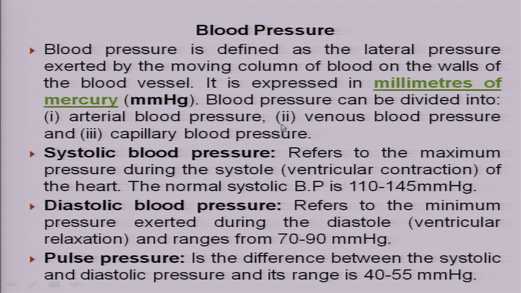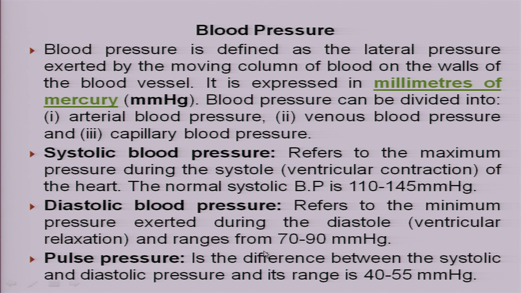When the heart relaxes, that is when diastole is happening, the heart is getting filled by blood and is not contracting, it is in a relaxed state. In that condition, the blood pressure is known as the diastolic blood pressure, and its range is between 70 to 90 millimeters of mercury. So these are two important pressures, and we have now seen how they are exerted.